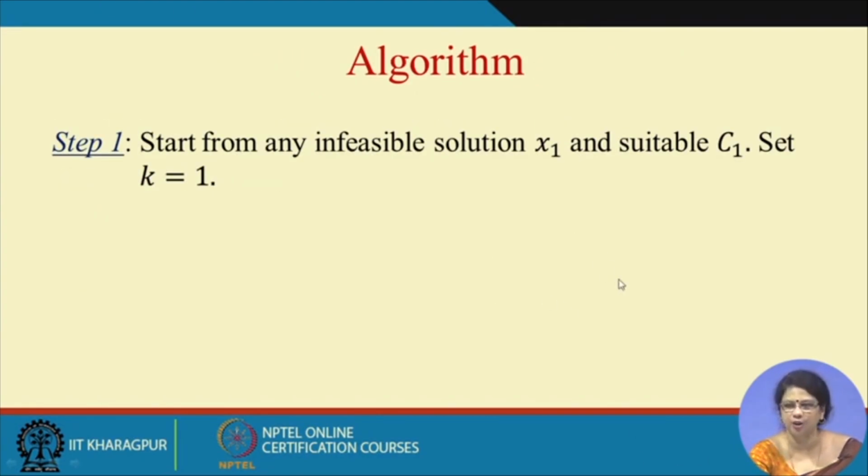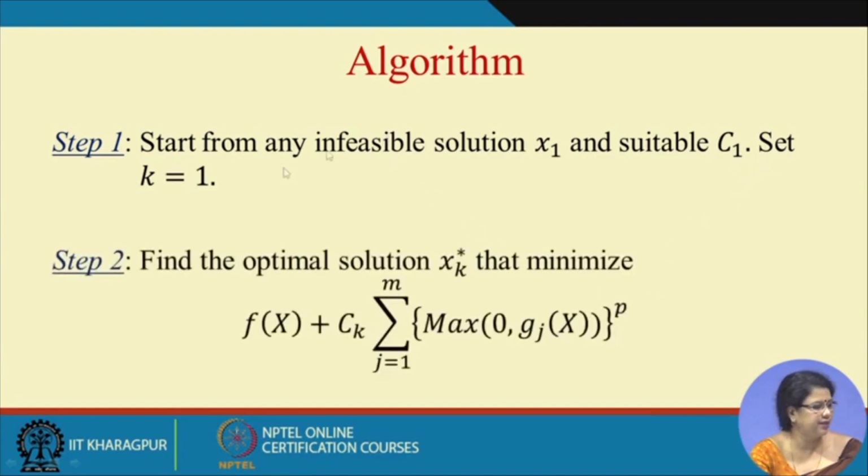For that we need the algorithm to solve the problem. For the algorithm, the first step is that we will always start from the infeasible region. That is why we will check one point that is in the infeasible space, and from there we will select a suitable c_1, and we will set the index k equal to 1. Then the corresponding unconstrained optimization problem would be f(x) plus c_k max of 0, g_j(x) to the power p.